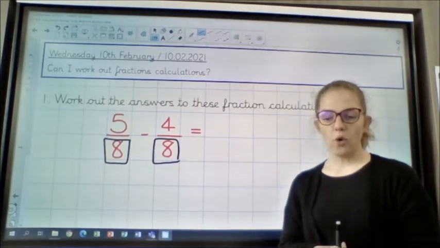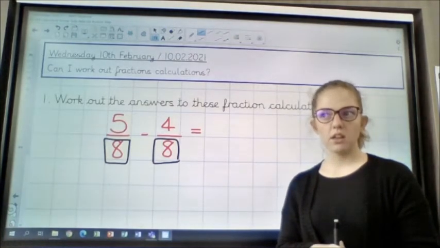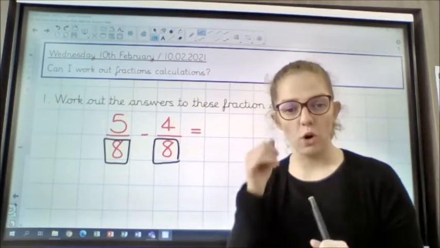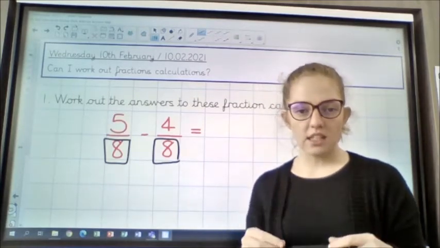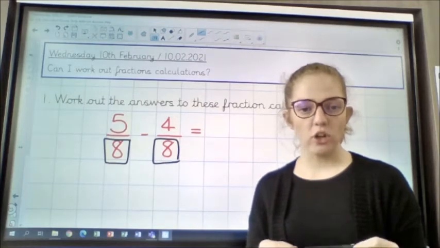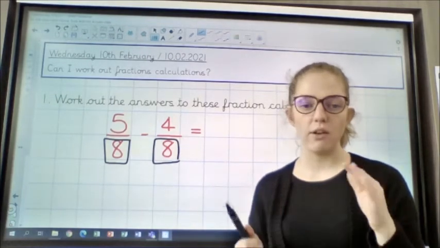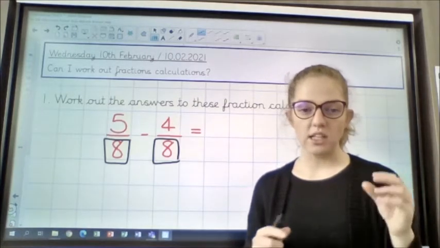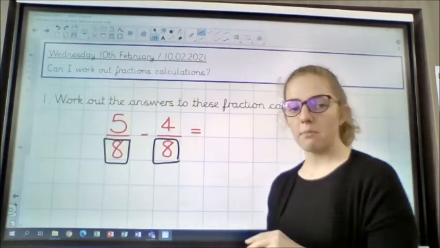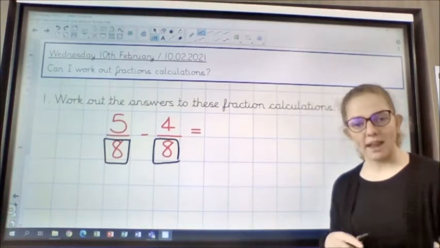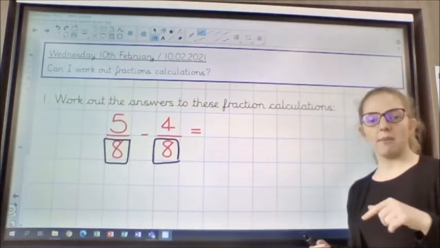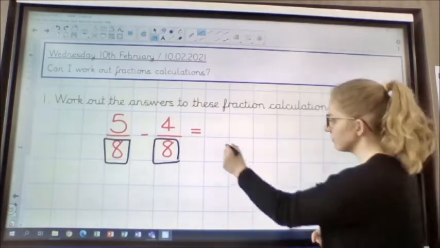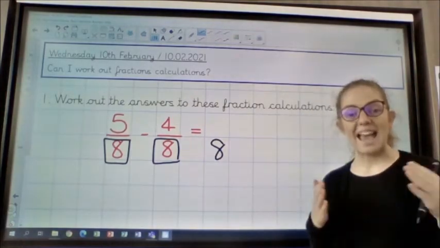For all of these different calculations in question 1, all of the denominators are the same in each question. You haven't got a question where you've got 5/8 take away 4/10, if that makes sense. So in your answer, your denominator will be the same as the denominators in your number sentences in your calculations. So it'll be 8.